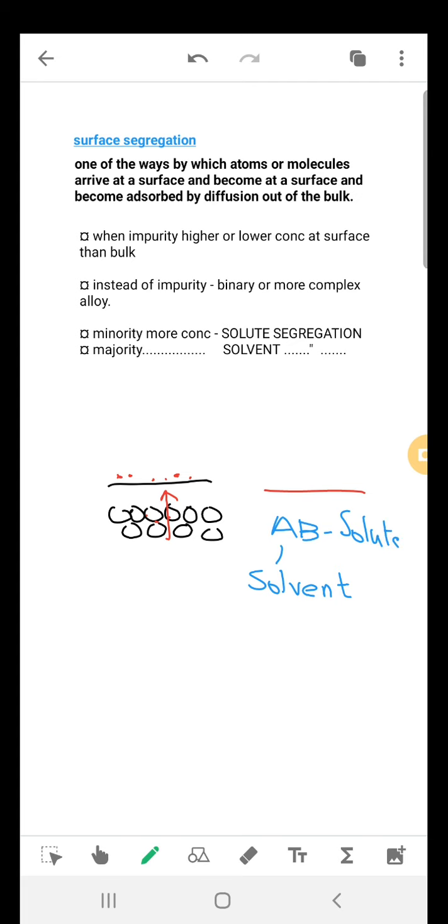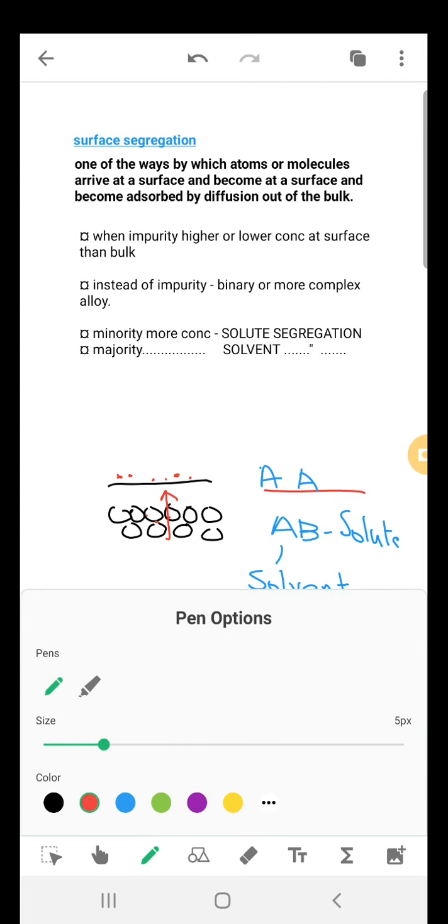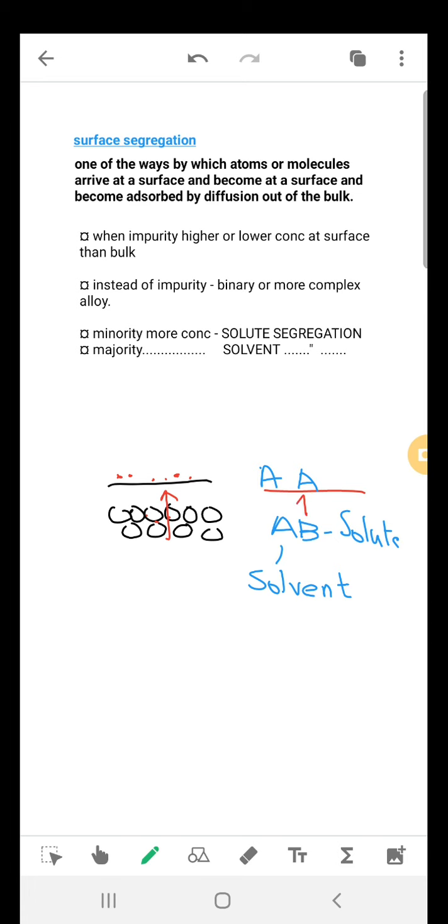So if the concentration of A is high at the surface, automatically there will be segregation of B atoms. The B atoms will go, and in that case we will call it a solute segregation. And if it is the other way around, we will call it a solvent segregation.